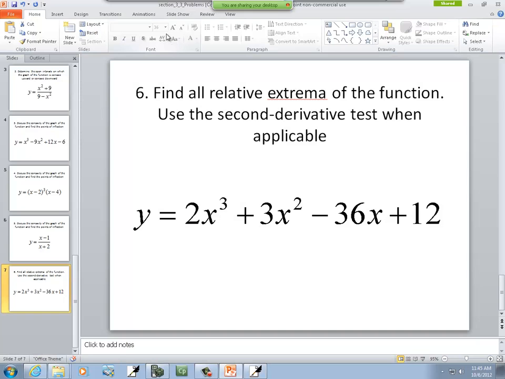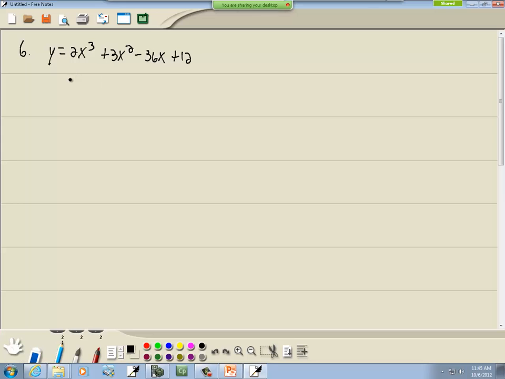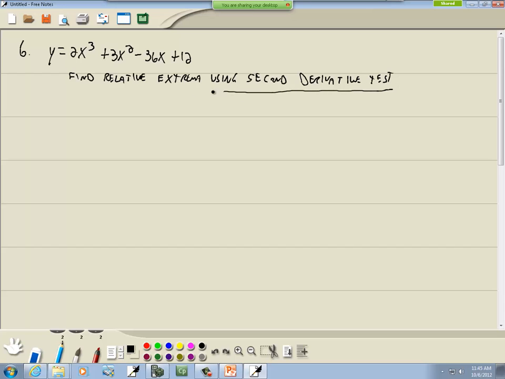And it says find all relative extrema using the second derivative test. We'll be talking about the second derivative test here in a little bit.